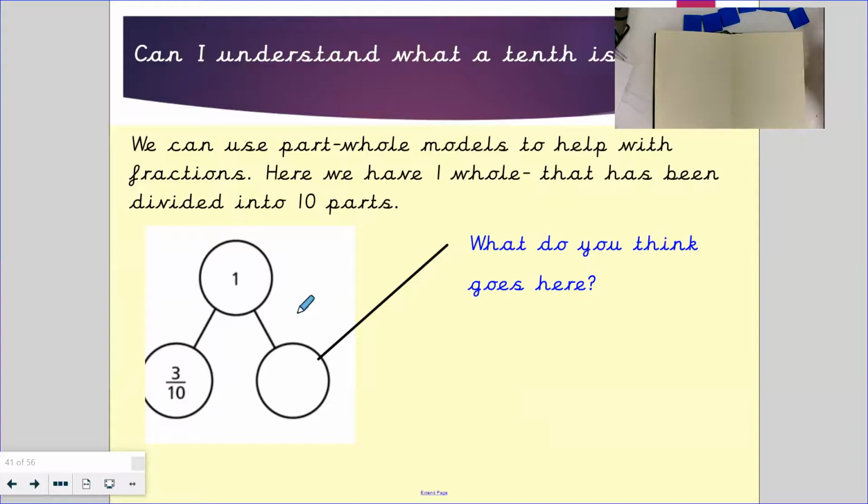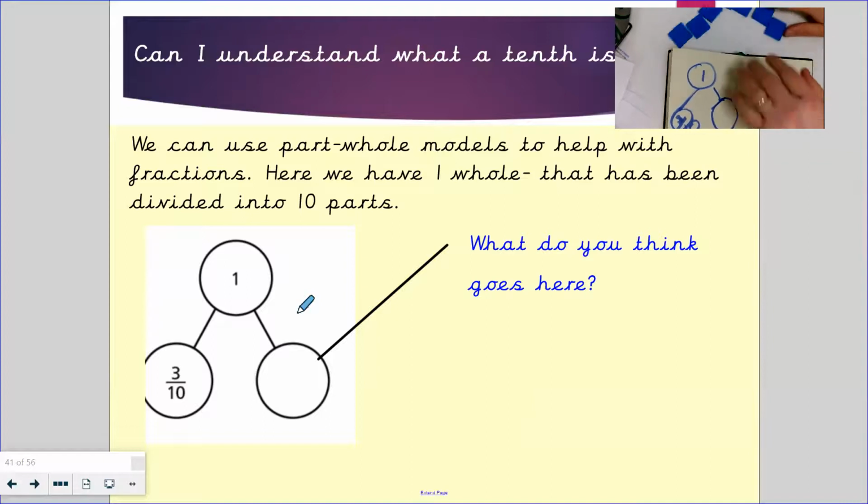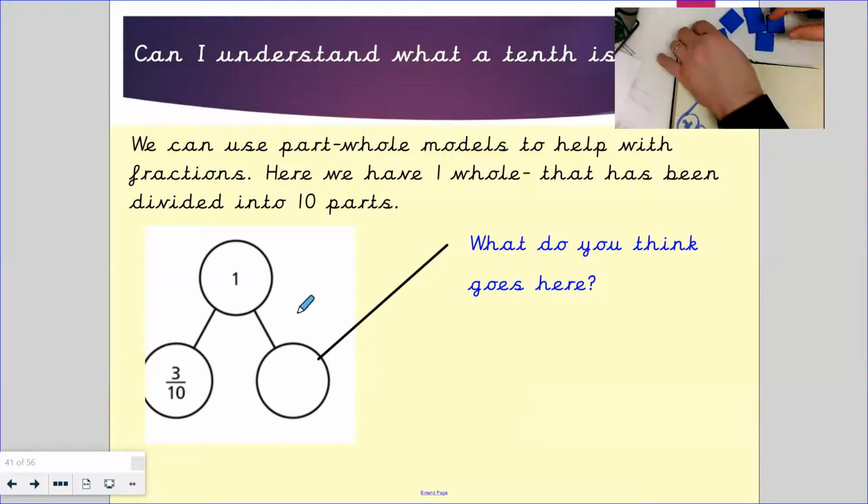So here we've got one whole. We have 3/10 as one part. How many more are going to make up our whole? So let's use these to help us. If you've got blocks and things like that at home, please use them, it will help.